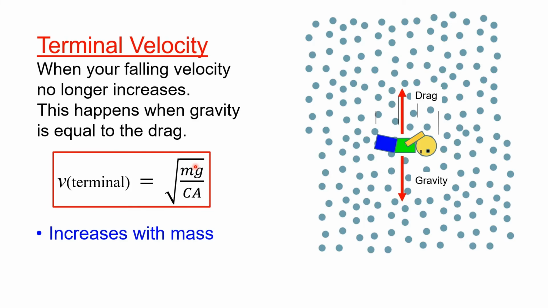If you double mass, it doesn't double terminal velocity, but at least we can say that it does increase. So if you add mass, you add terminal velocity, meaning you would be going faster at that terminal velocity. Frontal area, on the other hand, decreases terminal velocity. So if you increase your frontal area, it actually decreases the speed that you can achieve while falling.